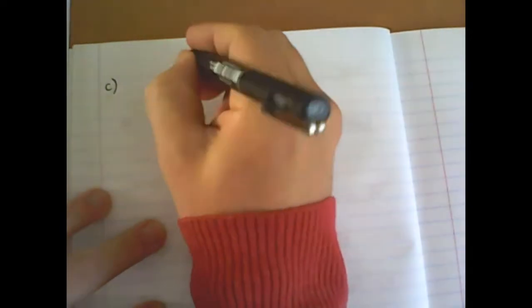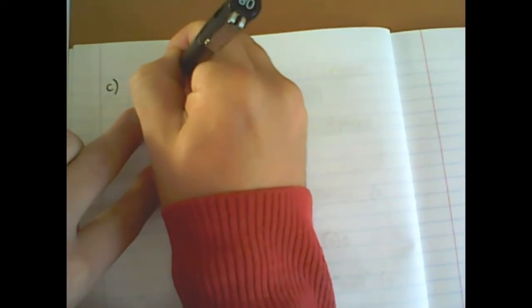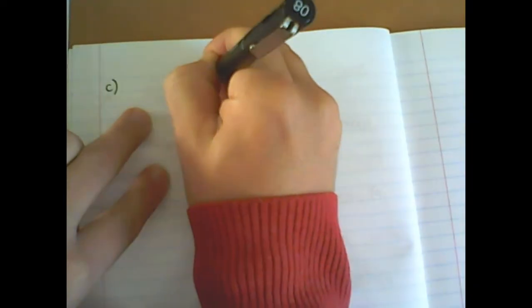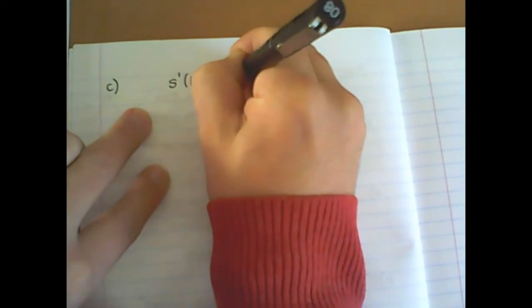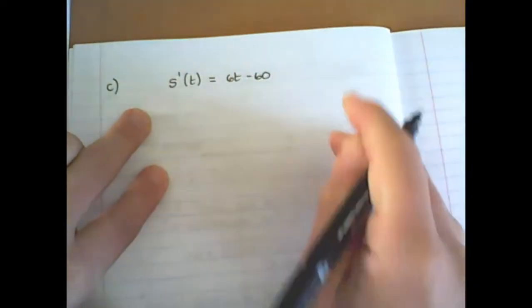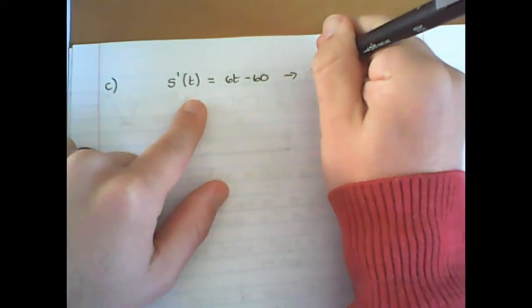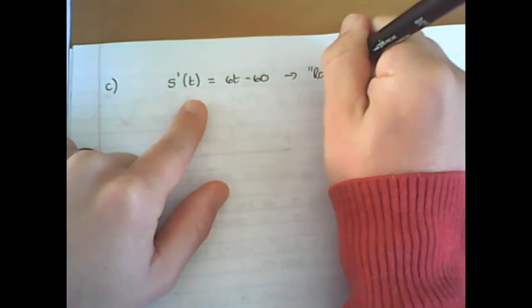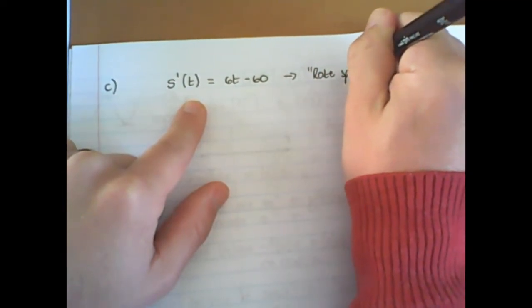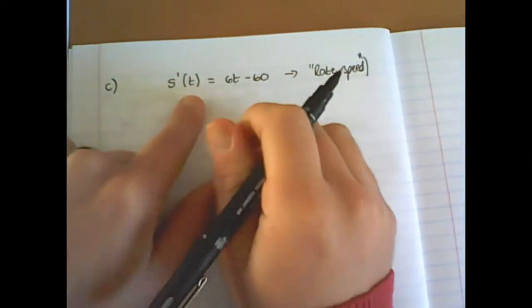What we know is that the speed was 6t minus 60. That is now the rate of change or the speed. Okay, at a specific point.